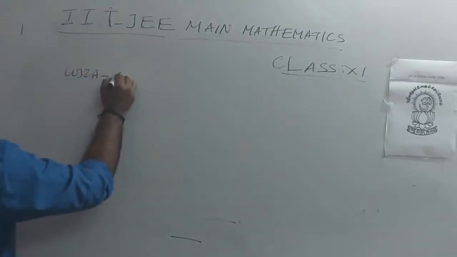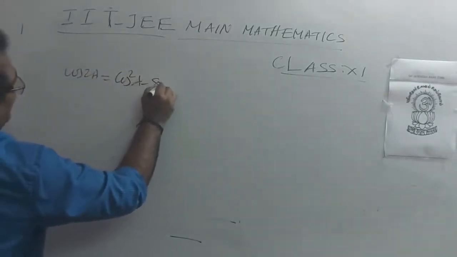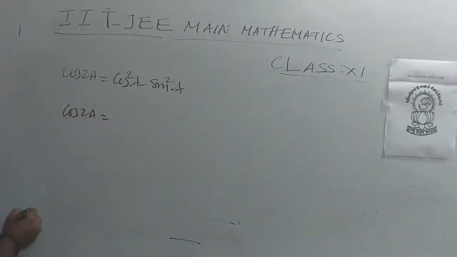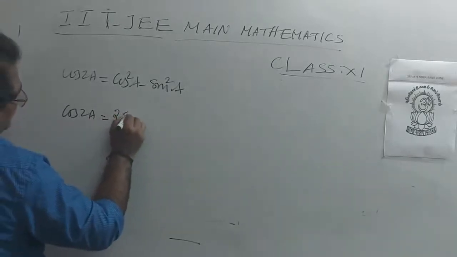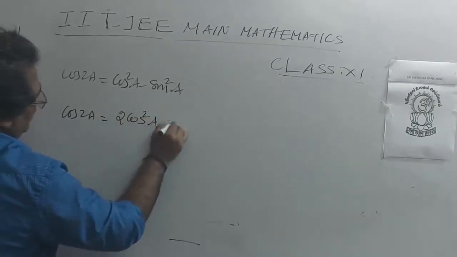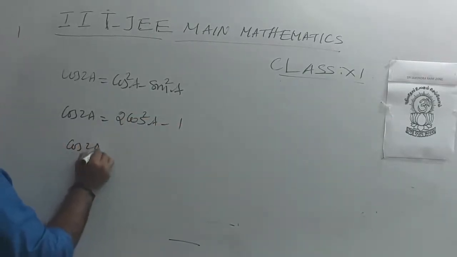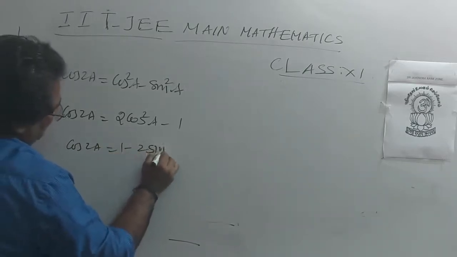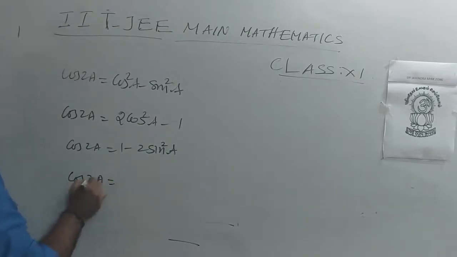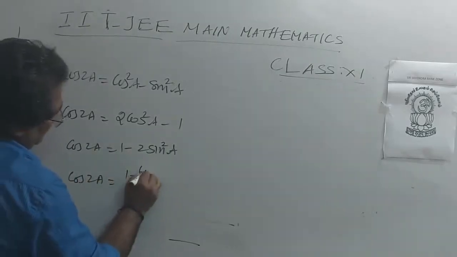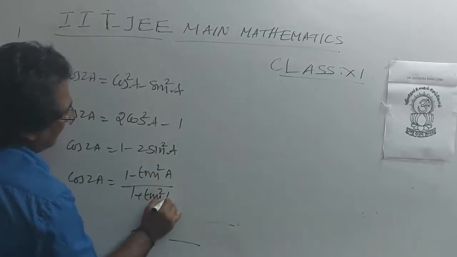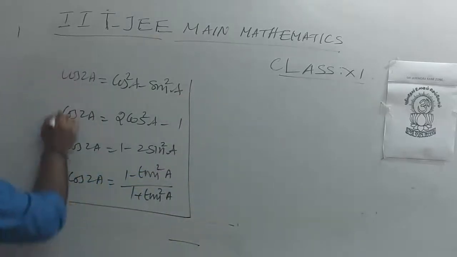Cos 2a equal to cos squared a minus sin squared a. Cos 2a equal to 2 cos squared a minus 1. Cos 2a equal to 1 minus 2 sin squared a. Cos 2a equal to 1 minus tan squared a by 1 plus tan squared a.